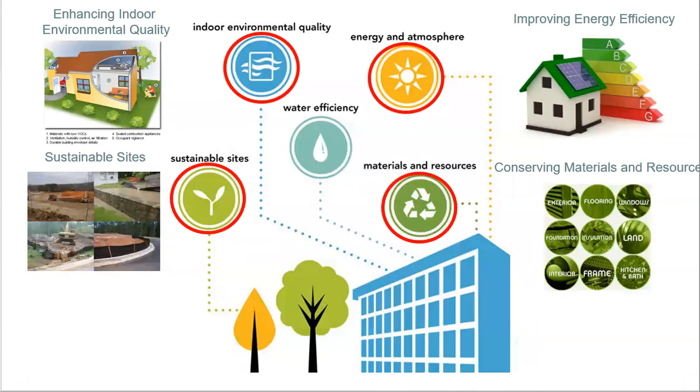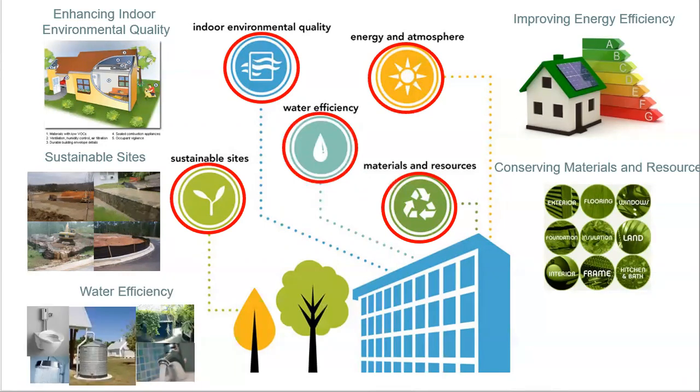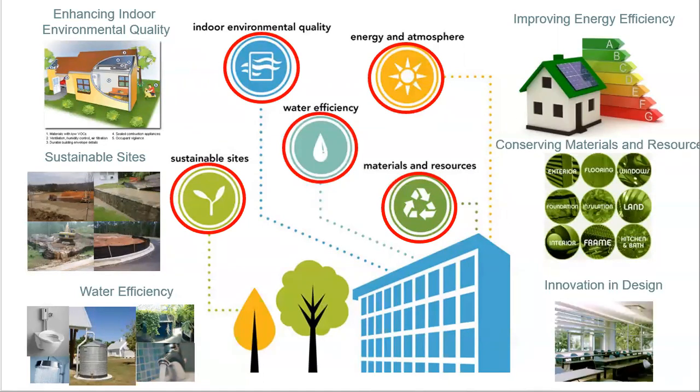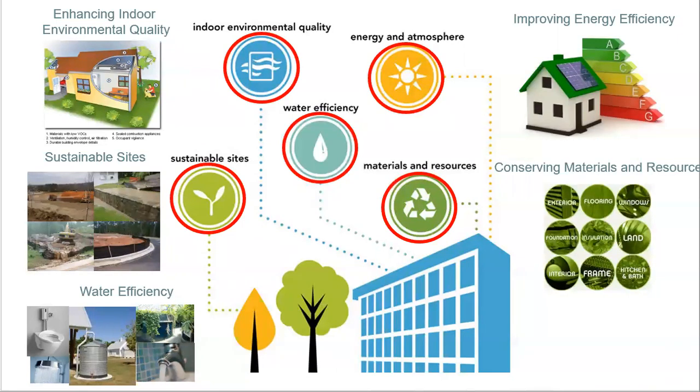Okay, so another one is going to be water efficiency. For water efficiency, there's some stuff that you can use. Let me show you what these are. These include the water consumption of your faucet, your sink, your water heater system, and your shower system.